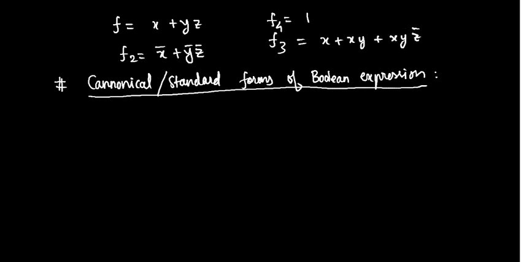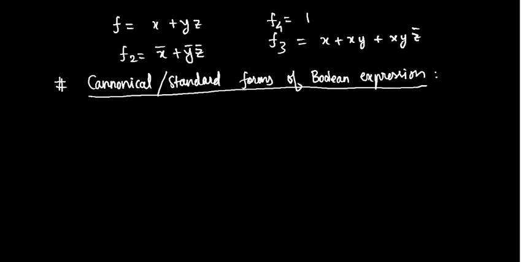Anything it may be, right? But there is a specific form which is said to be standard or canonical. If we express any Boolean expression in such form, it will have a unique expression. So canonical form or standard form means each and every literal should be covered in each and every term. So that's the thumb rule.